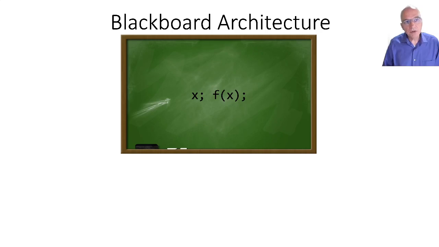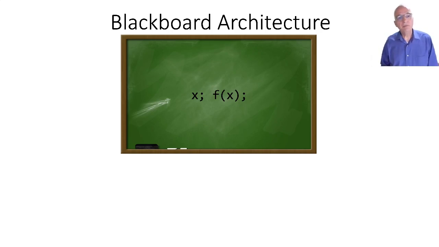And if the blackboard has a value of f of x that's better than the one that the solver checking the blackboard has, then the solver will adopt the point that's in the blackboard and continue from that point. However, if the solver has a better solution, then the solver will erase what's in the blackboard and write over it with its own solution.